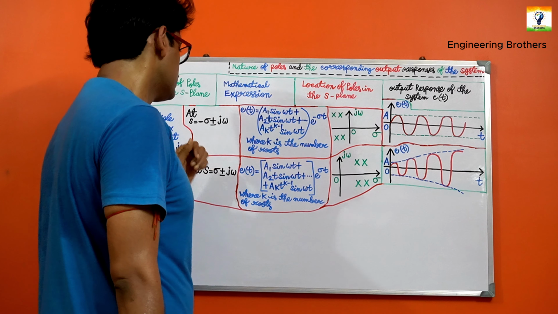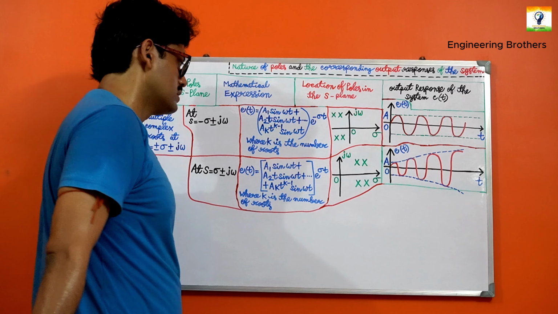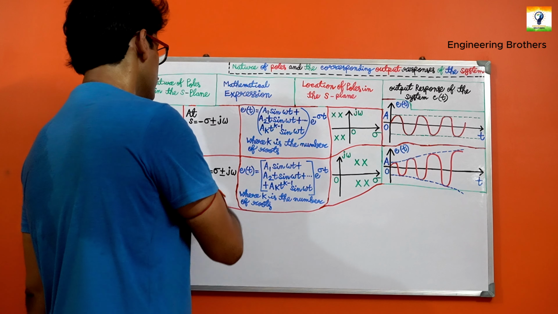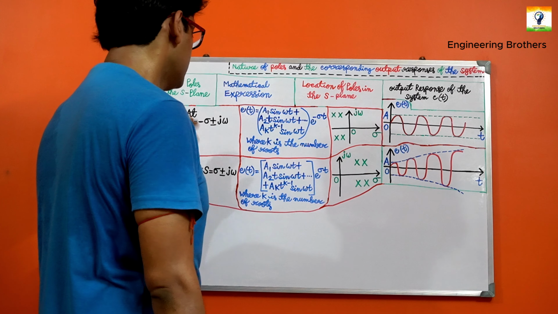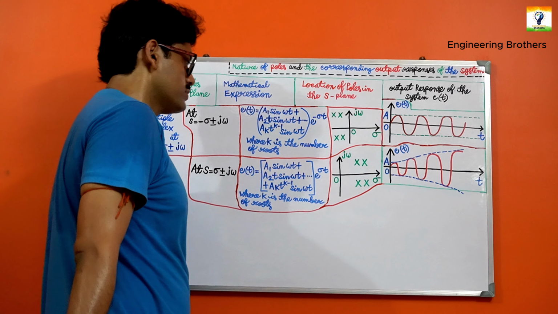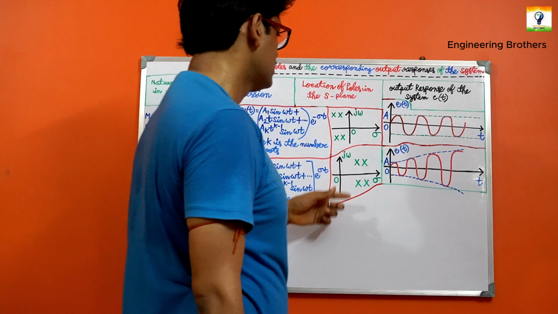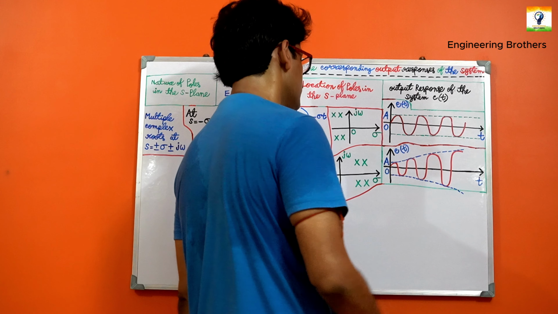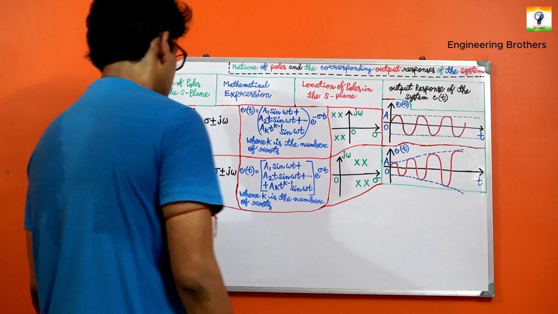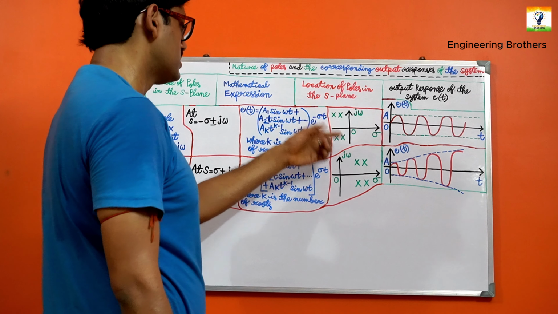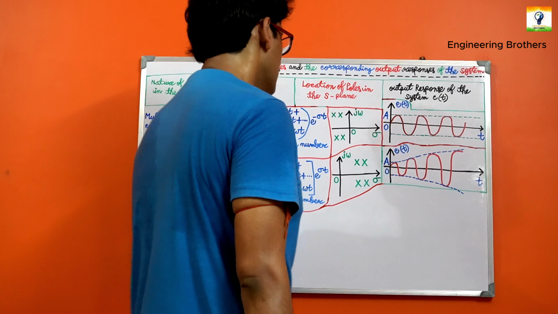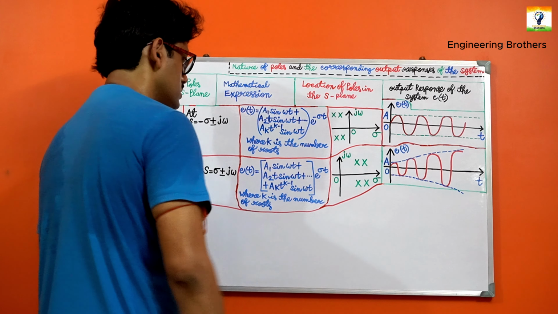Now let us consider another case. We can see the plotting point will be this one, and at the same point there are a lot of roots, a lot of poles, present.